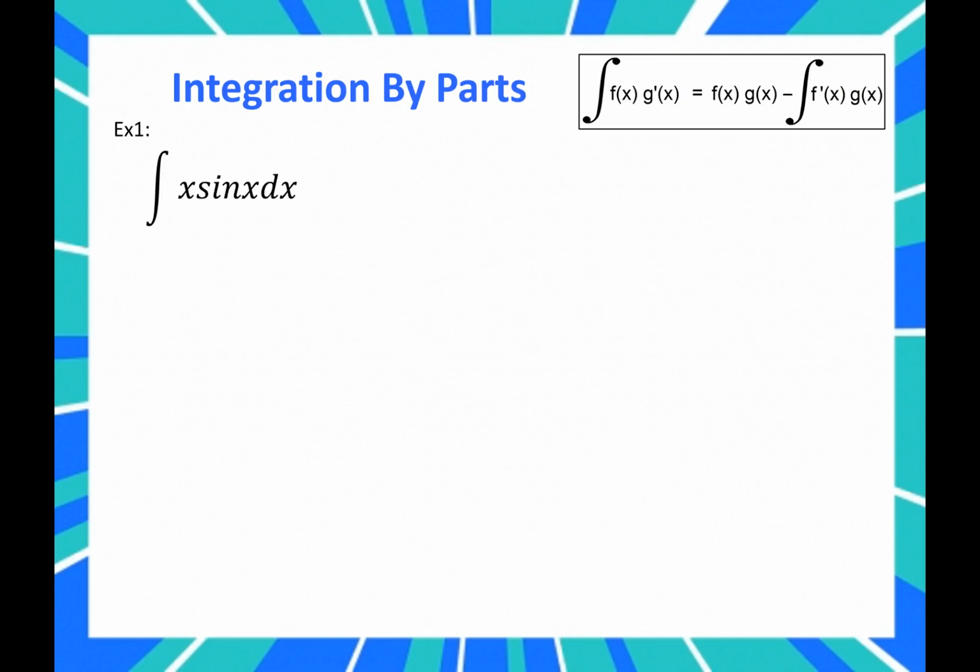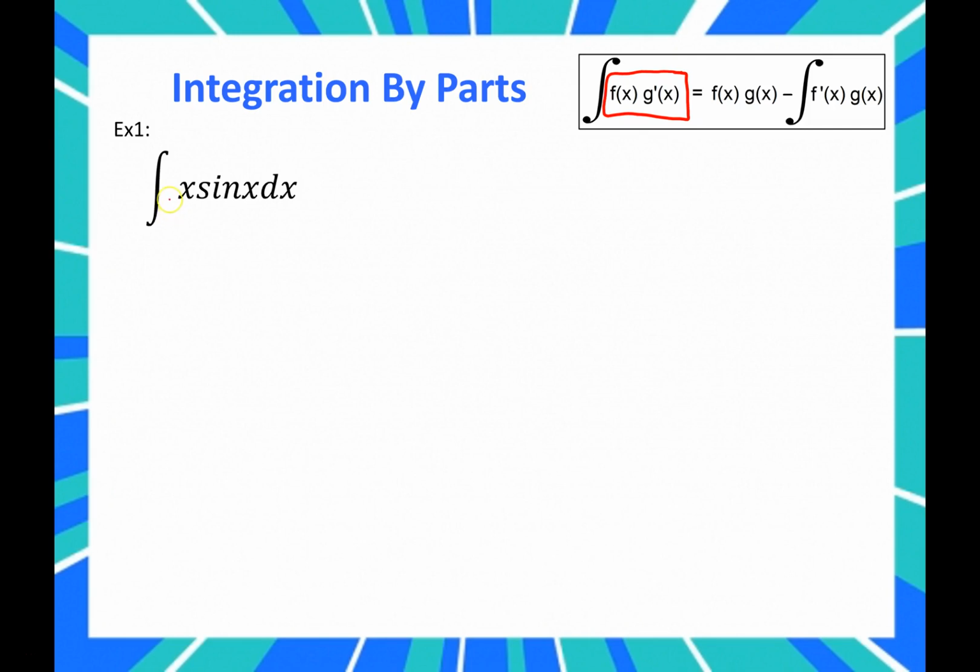All right, so here's our first example, and the goal is to recognize this integral in this form right here. And what we want to do is choose one of the parts to be f of x and one of the parts to be g prime of x.